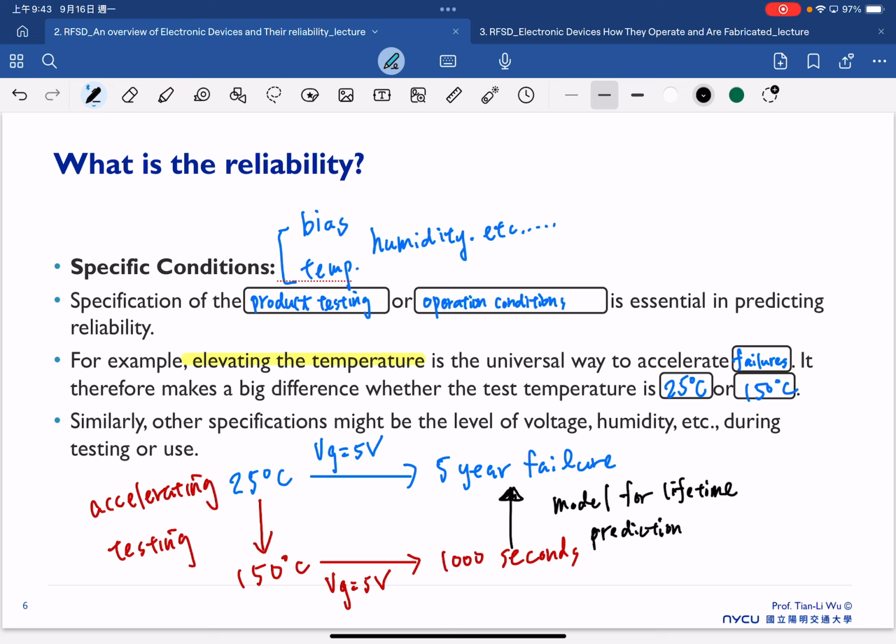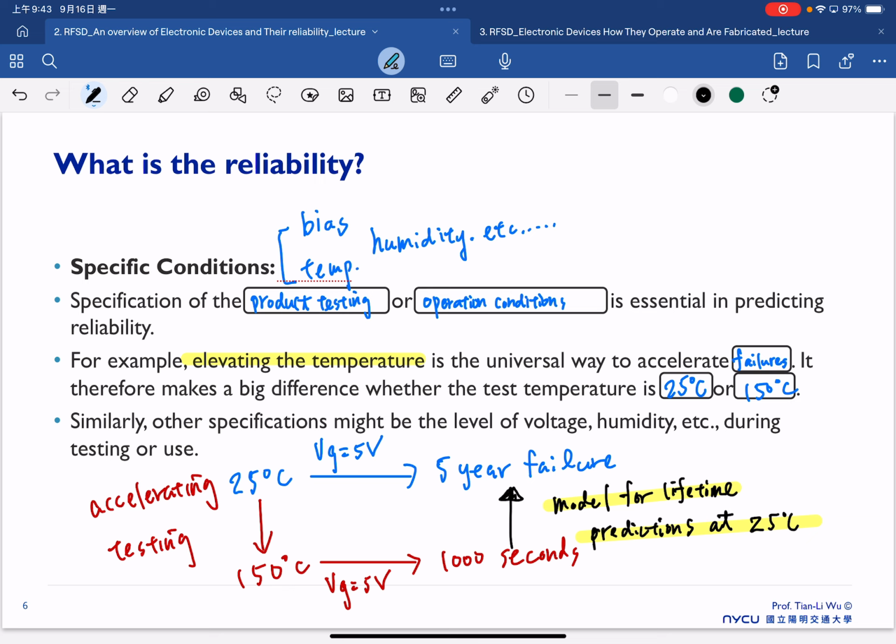At 25 Celsius degrees. So that's one of the main purposes we do the accelerating testing. Sometimes we don't want to see the failure, but in order to predict the lifetime in the range that we are interested in, we need to do the accelerating testing.